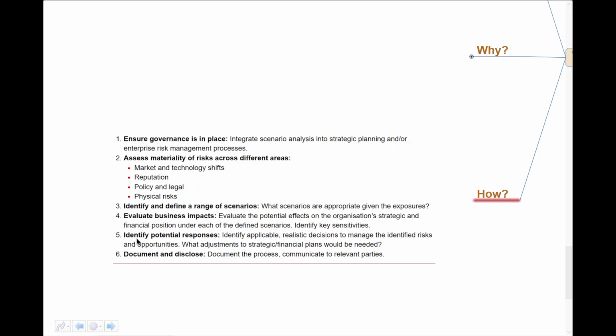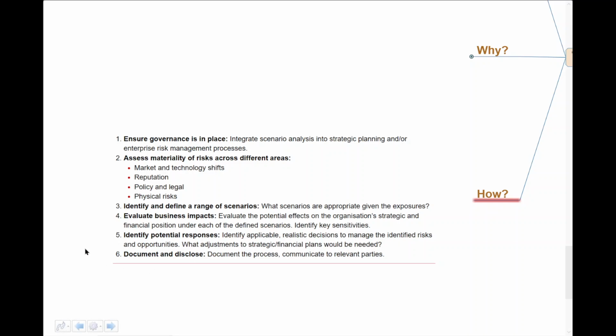Number 5, identify possible responses. Given that we've assessed the impact of several scenarios on our business, and some of them are a little bit worrying, how do we respond? What decisions do we make in relation to these sensitivities, and the effects of these different scenarios on our business?